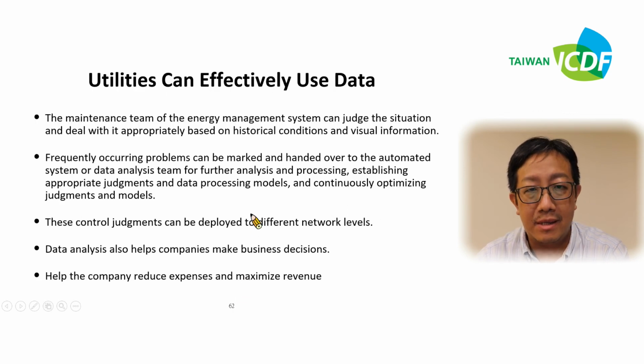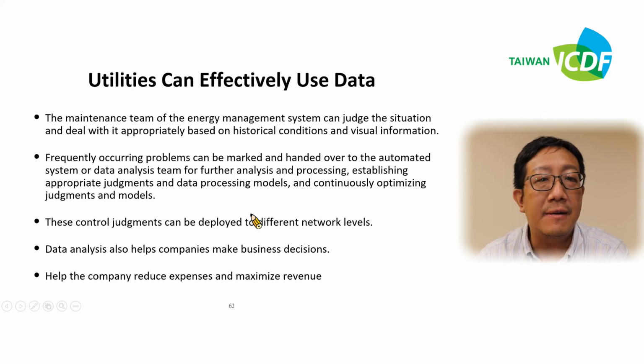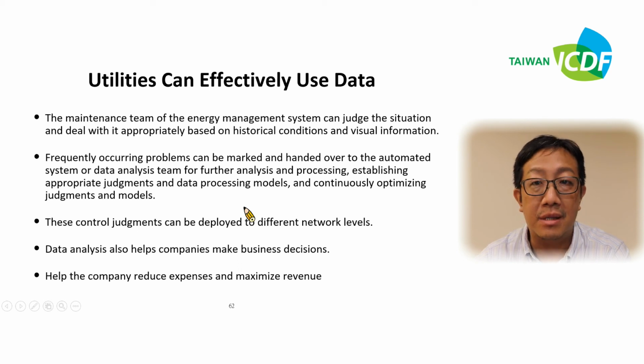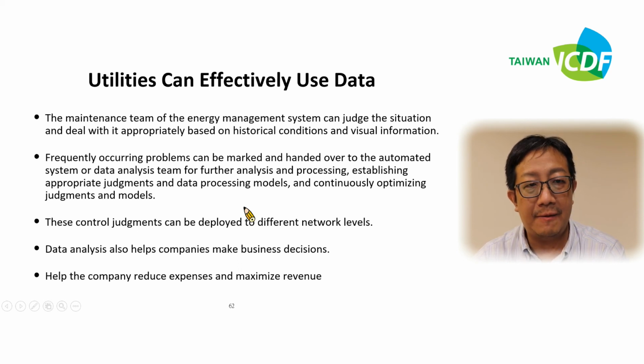And the utilities can effectively use the data. The maintenance team of the energy management system can judge the situation and deal with it properly based on the historical condition and the visual information.